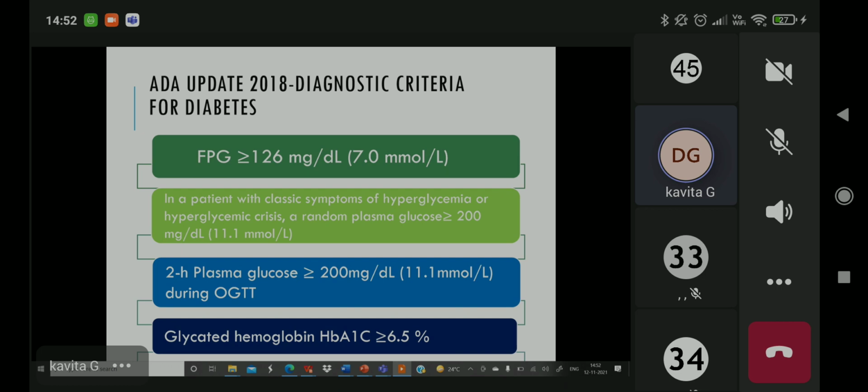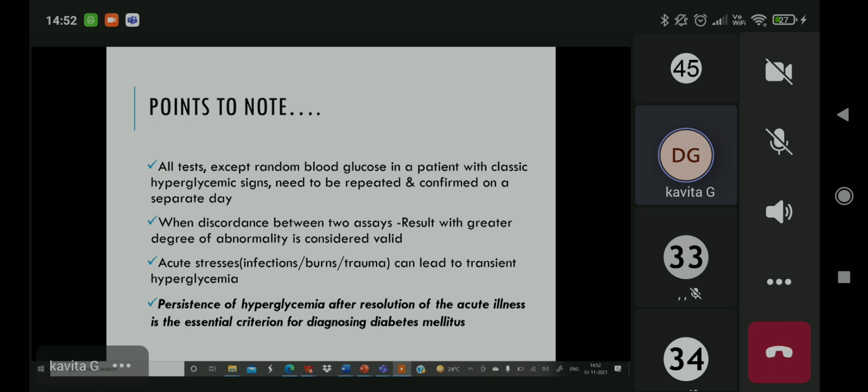So HbA1c should be more than or equal to 6.5 to make a diagnosis of diabetes. Now, HbA1c is a marker of long-term glycemic control. That's one. So, all tests except random blood glucose in a patient with classic hyperglycemic signs need to be repeated.